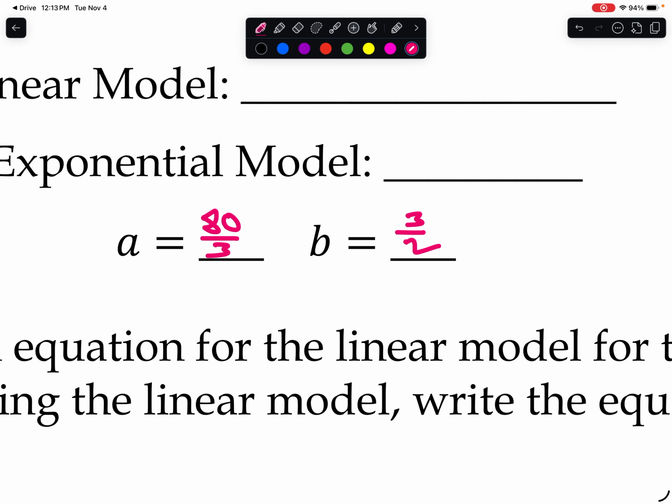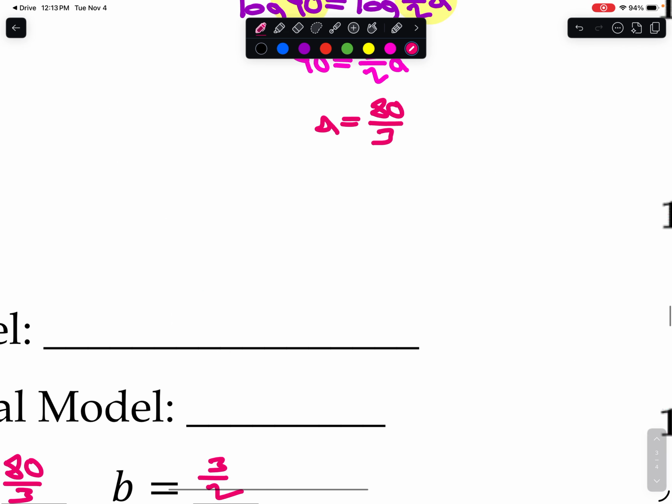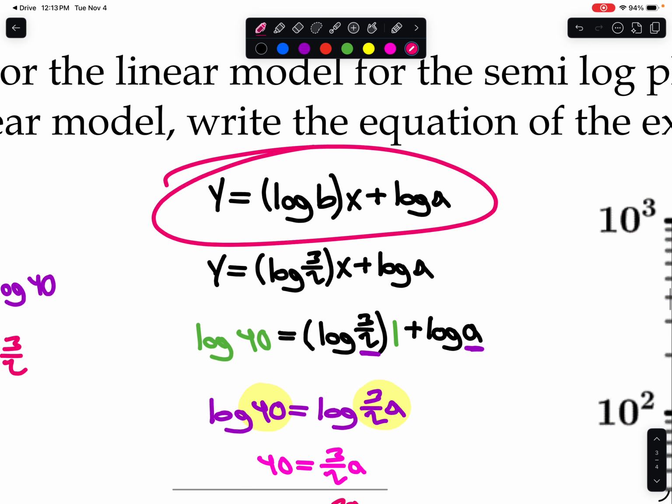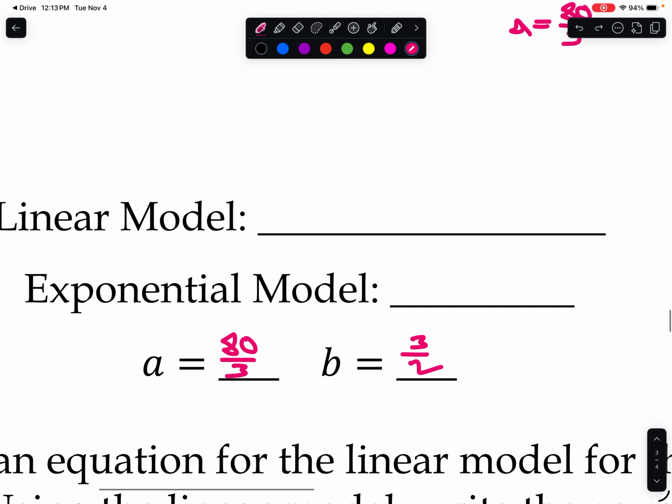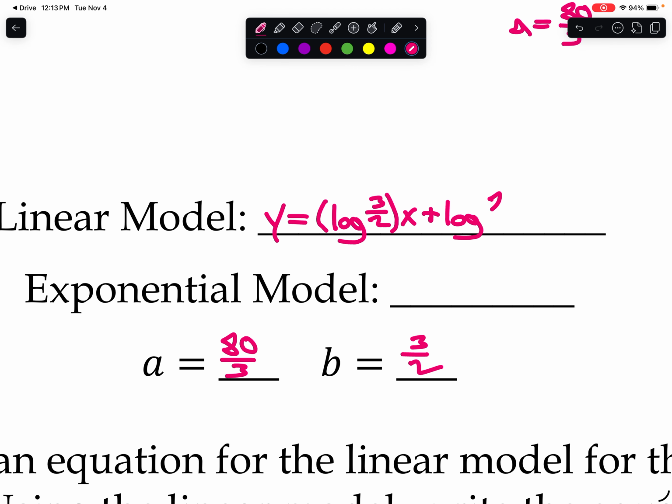So when I write this as a linear model, we're going to use this model up here. We're just going to plug in the a and the b value. So that tells me my linear model is going to be y equals log of 3/2 times x plus log of 80/3.